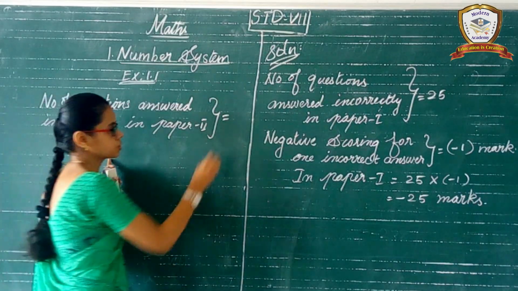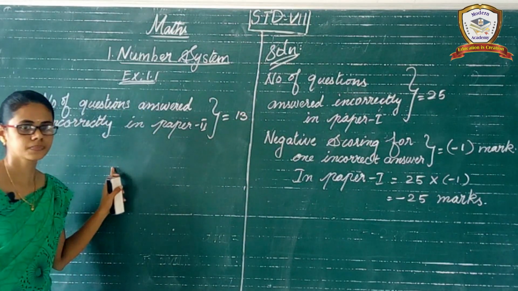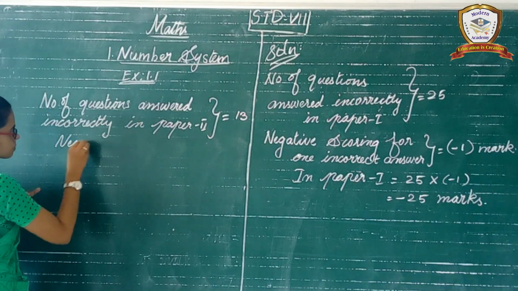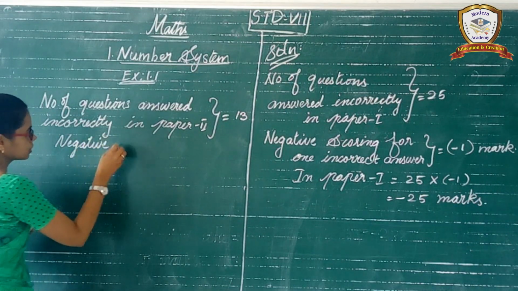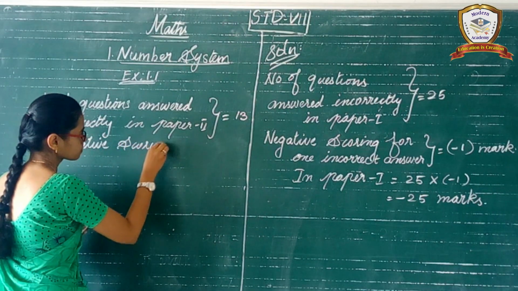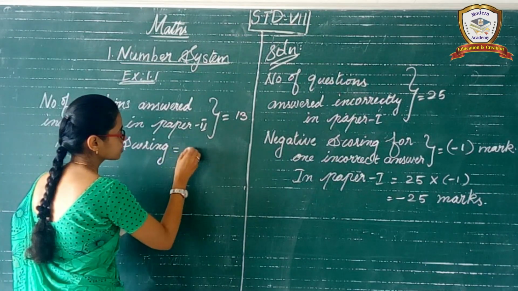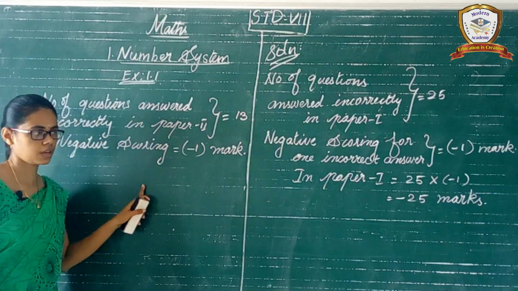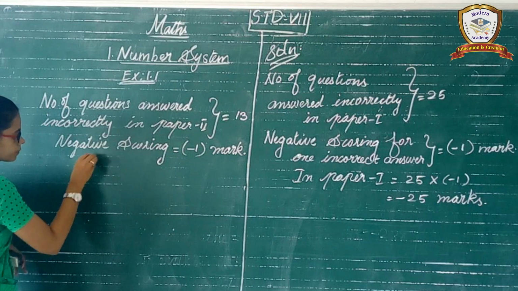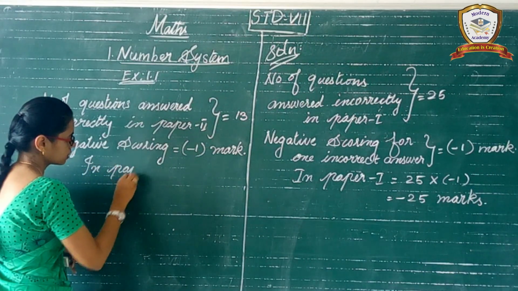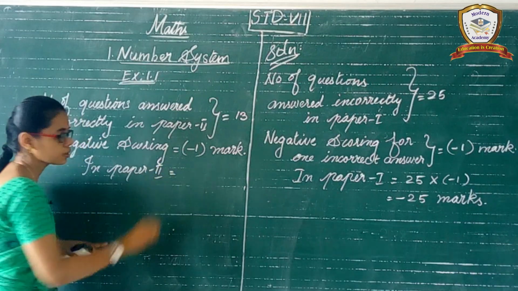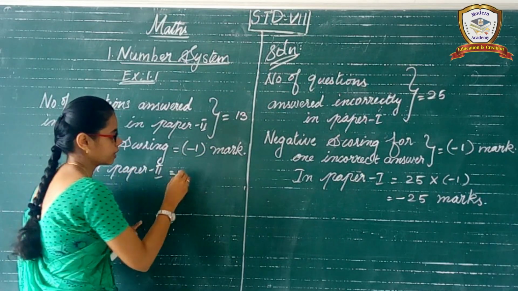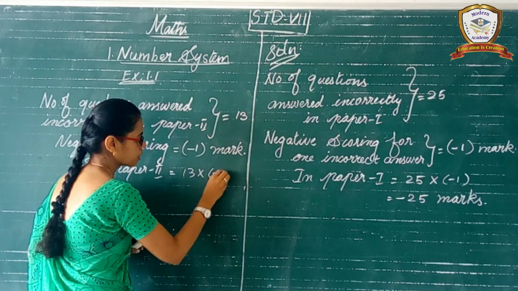She attempted 13 questions wrongly, isn't it? So 13. Clear? And the negative scoring marks means minus 1 mark, isn't it? So in paper 2 we have to find how many marks are reduced, which means we multiply these two: 13 into minus 1.